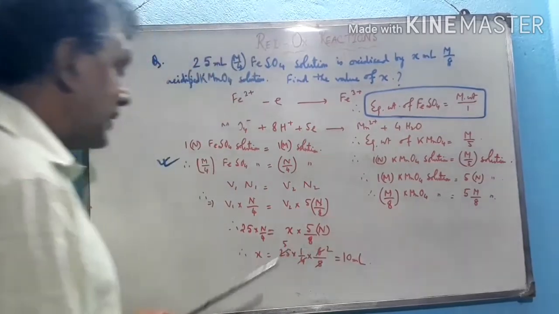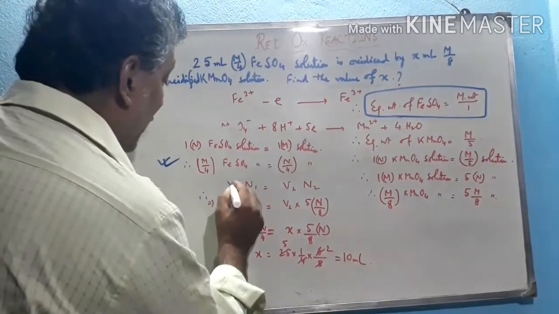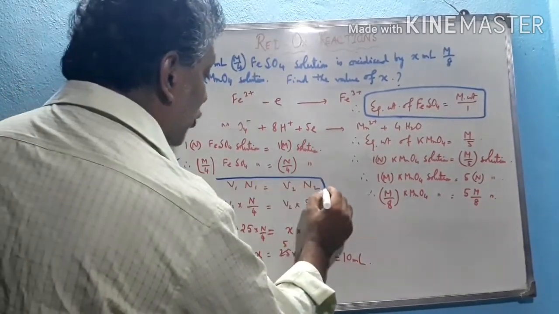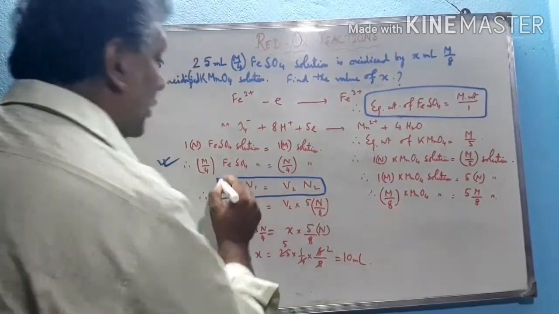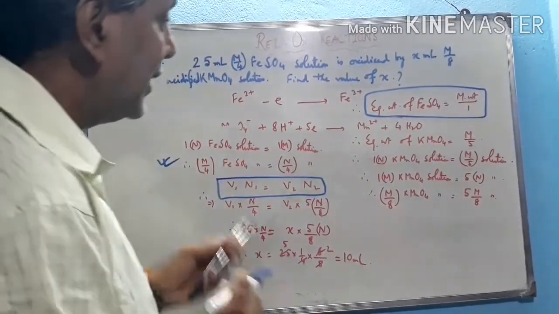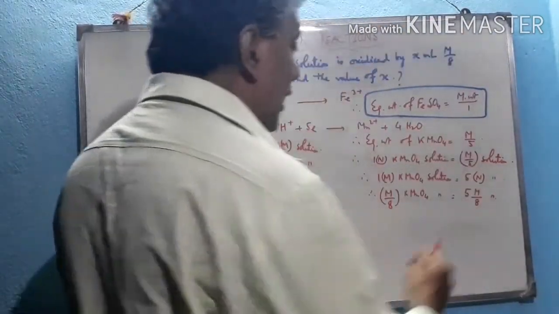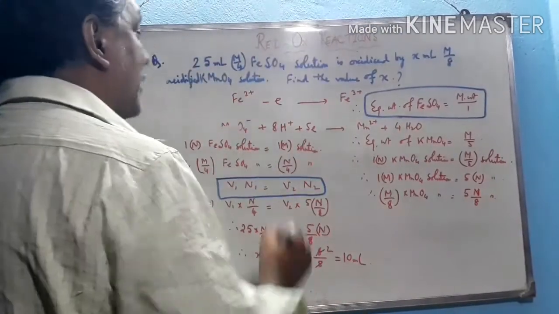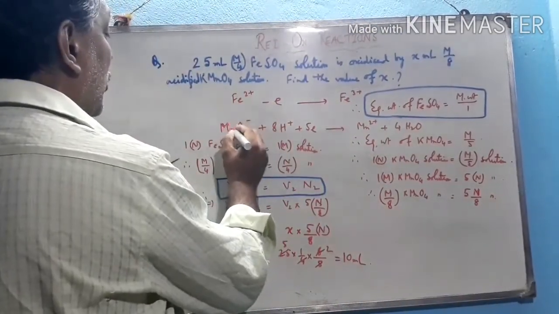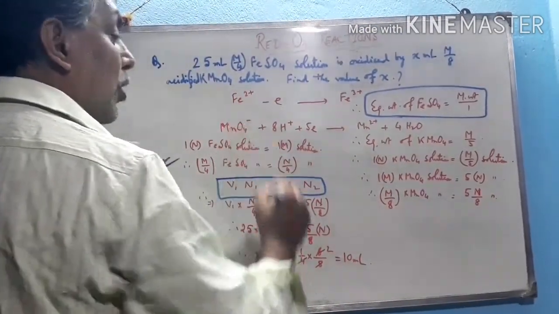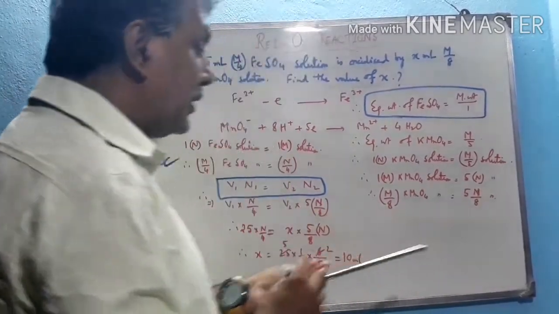So now we can say that V1 N1 equals V2 N2, because these two react with each other, so we have to convert everything into normality first.